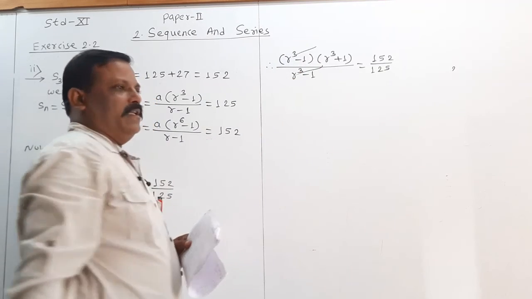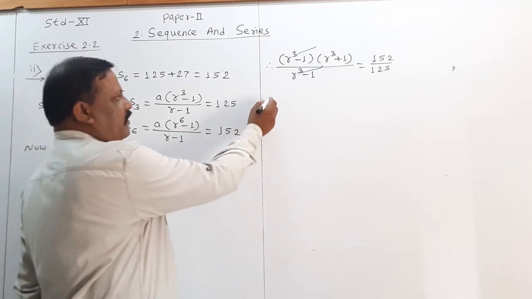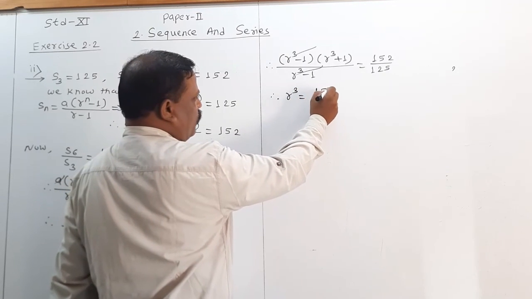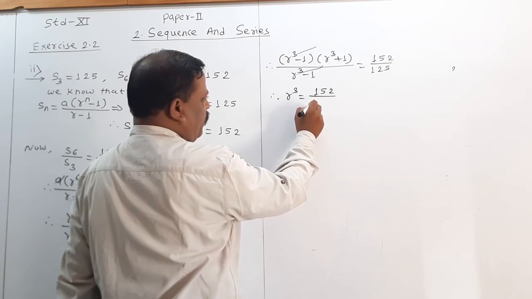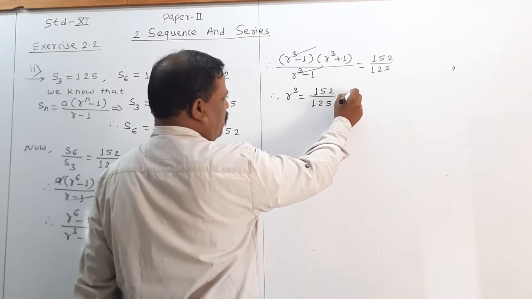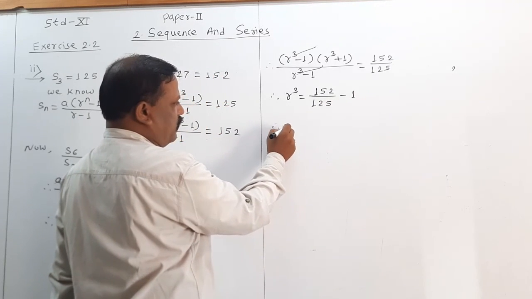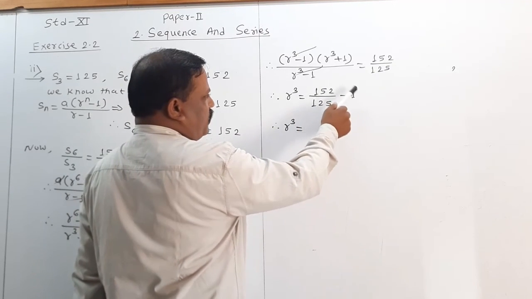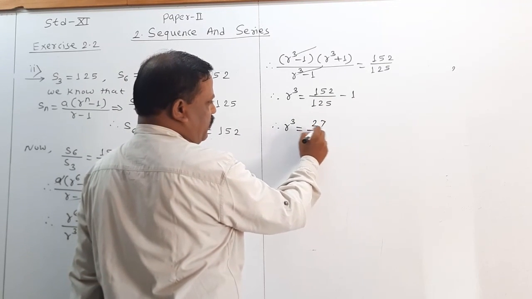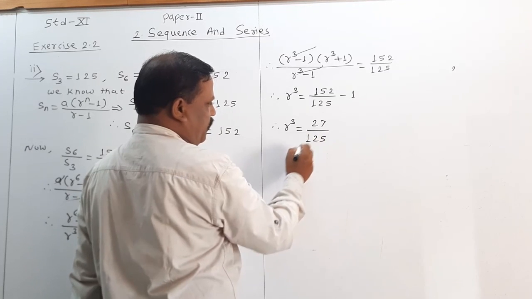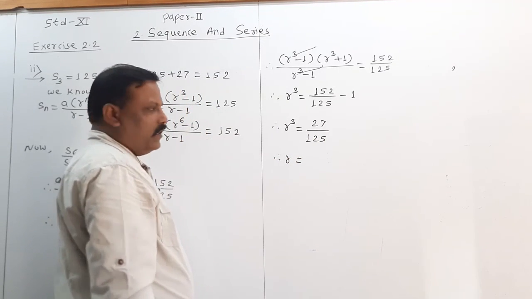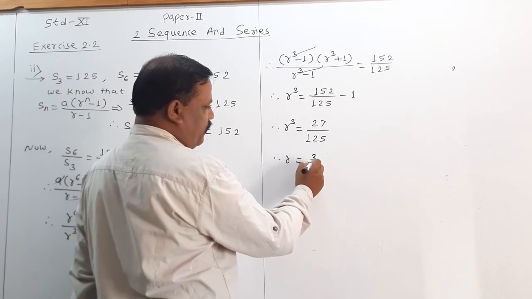These two factors are cancelled. So R cube equal to 152 minus 125 upon 125. 152 minus 125 we get 27 upon 125, and if we take the cube root, then we get 3 upon 5.